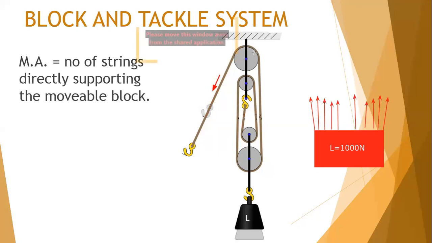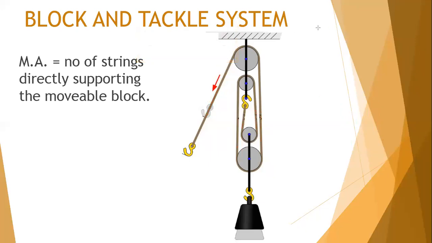The same way here also, beta, Aditya, you had asked this question. So understand, on similar lines, this is the load. And this load is not lifted by any one of them, but is being lifted by four of these strings. Exactly. This load is being equally divided among four of these strings. So that's why you will find the MA is equal to the number of strings directly supporting the movable block.